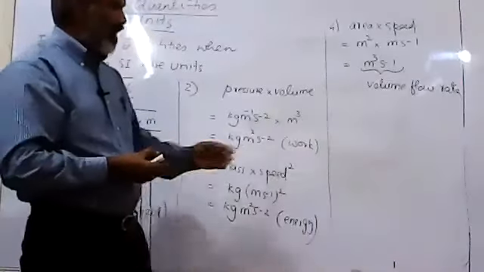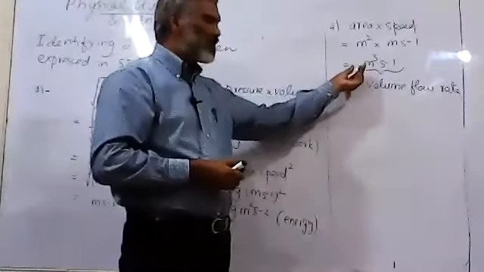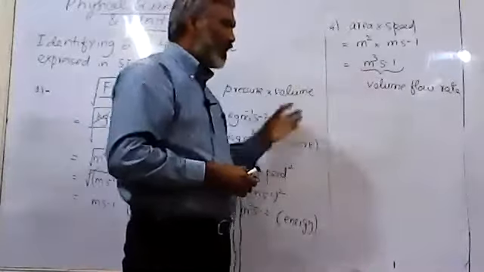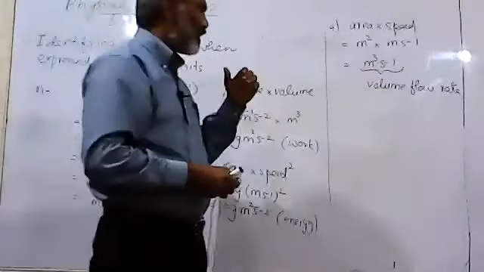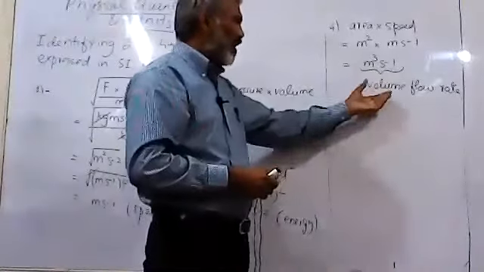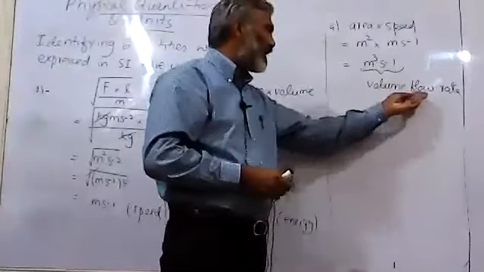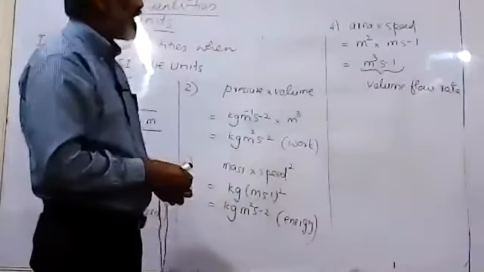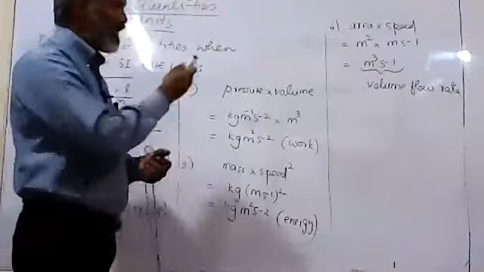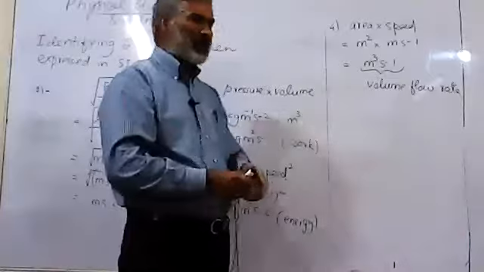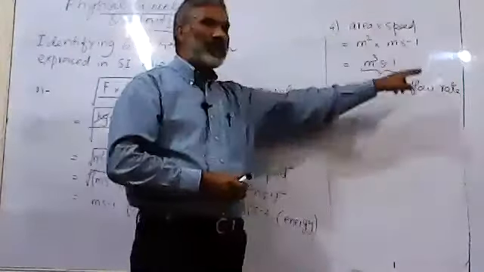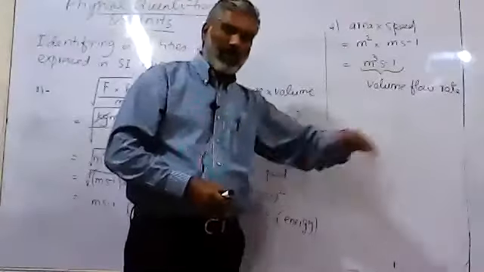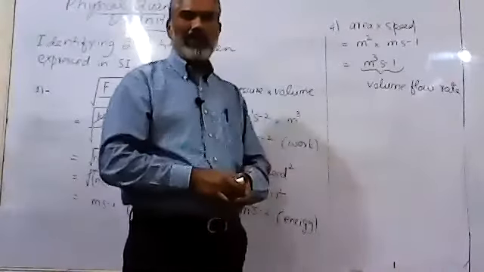That is showing how much volume of a certain fluid is passing through a pipe or a tube. So how much volume is flowing per second is given by area multiplied by speed. Area here, by the way, is the area of cross section of that pipe, and the speed is the speed of the fluid that is flowing through that pipe.